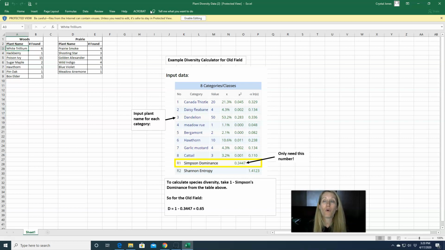The more different types of things we have in an ecosystem, the better that ecosystem is set up to withstand changes. So if we have a very, very cold spell, and some of the cold sensitive plants get killed off because they can't handle the cold, when we have high species diversity, there could be other plants in that ecosystem that will survive just fine, and they won't be impacted by the cold, rather than having just one type of plant that is impacted by the cold and then everything dies.